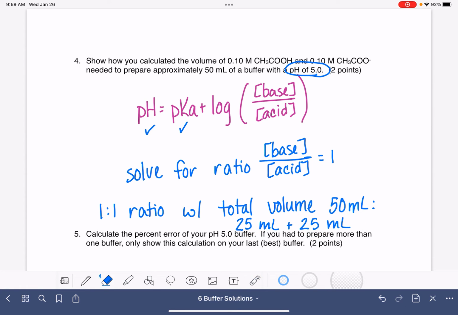So whatever this ends up being, if this ends up being a 2-to-1 ratio with a total volume of 50, then maybe you would say you would want something like 30 to 15. That would give you approximately 50, and that would be a 2-to-1 ratio, 30 milliliters to 15 milliliters.